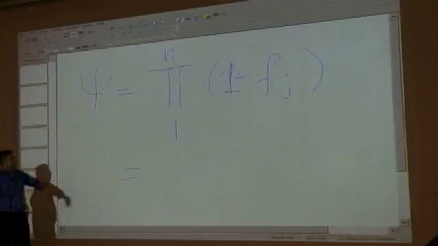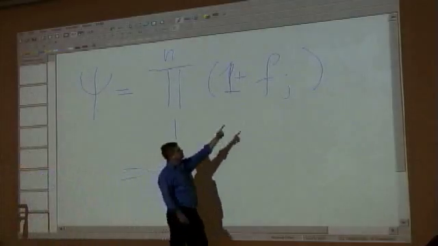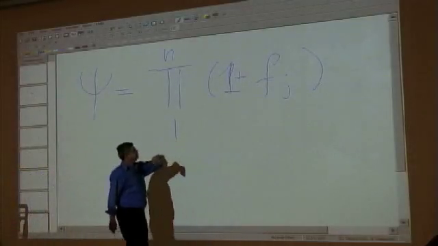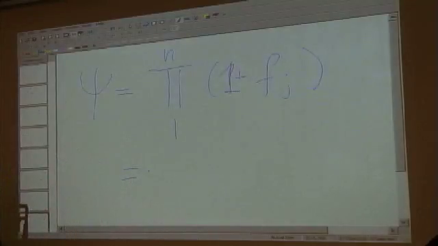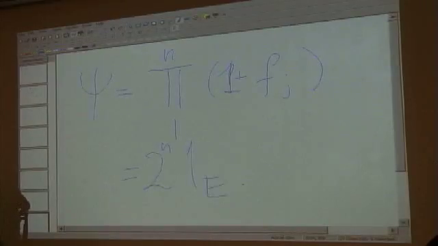So let me just write down, psi was the product from 1 to n of 1 plus f j. And since the f j's are only taking the values plus or minus 1, this is obviously equal to 2 to the n times the indicator of a set.